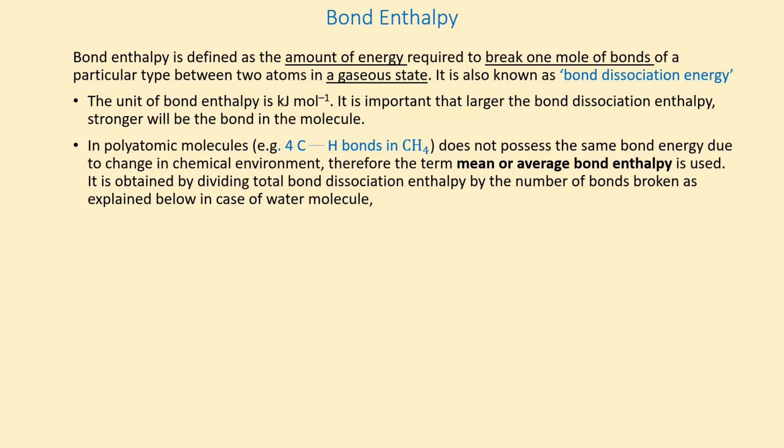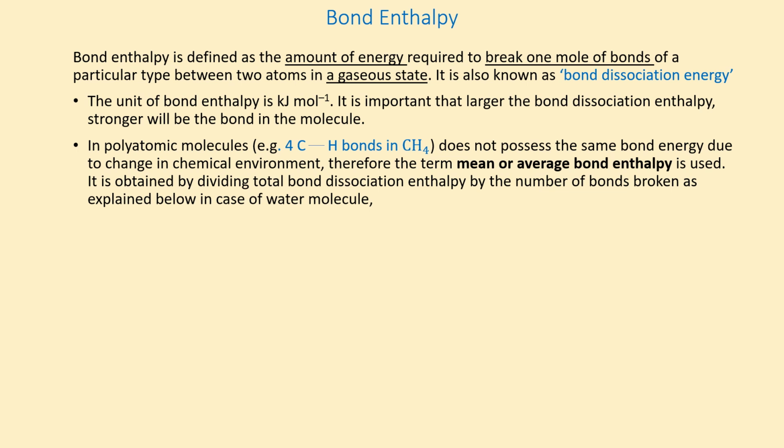In polyatomic molecules like CH4, the 4 C-H bonds do not possess the same bond energy due to change in chemical environment. Therefore, we use the term mean or average bond enthalpy.